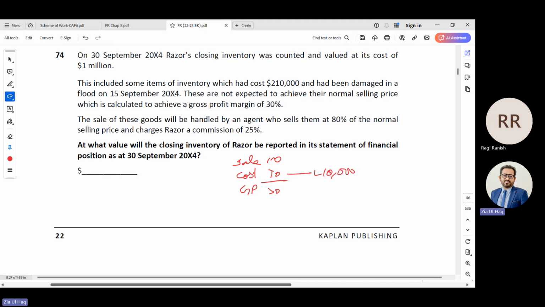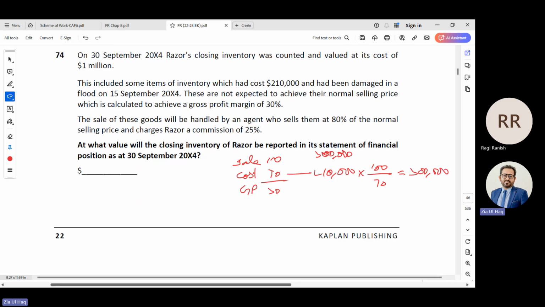We want to know 100%. 300,000. The thing that is itself we need to divide, where we want to go, we should multiply. So 300,000 will be the normal selling price of this inventory.